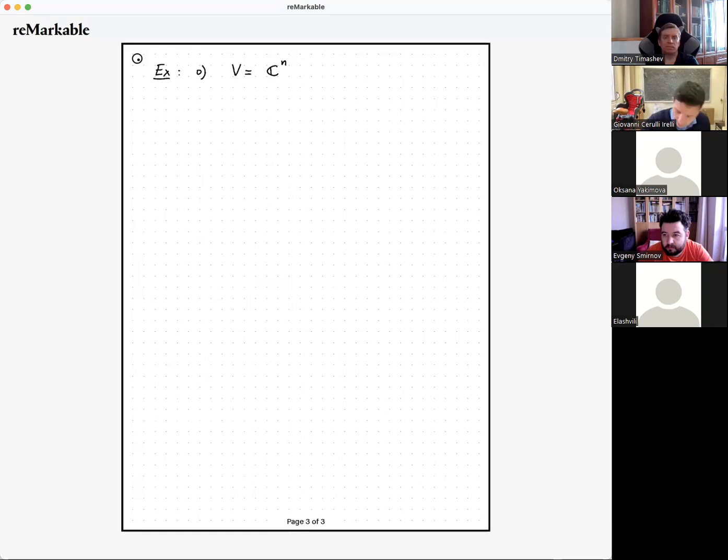So in this case, Q0 is just a single point, and R is End V. And inside R, we take the variety X that I sometimes will use the notation NK. So this is just the set of n times n matrices which are k-nilpotent.